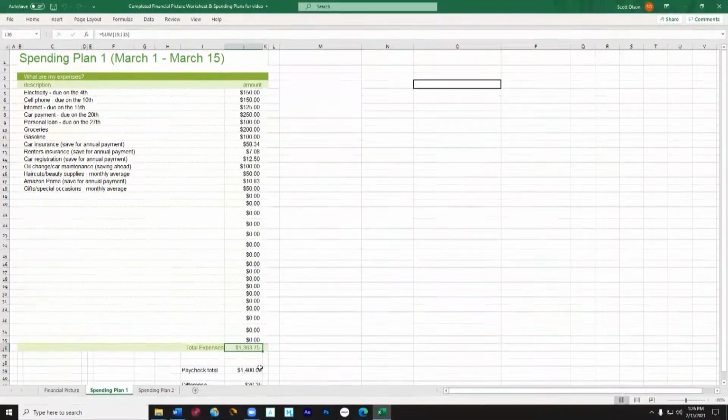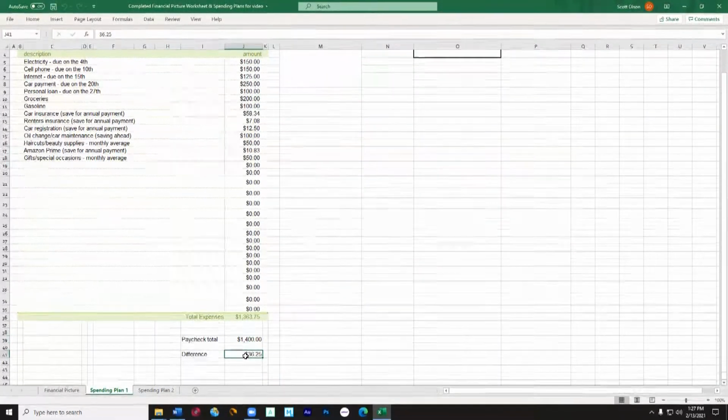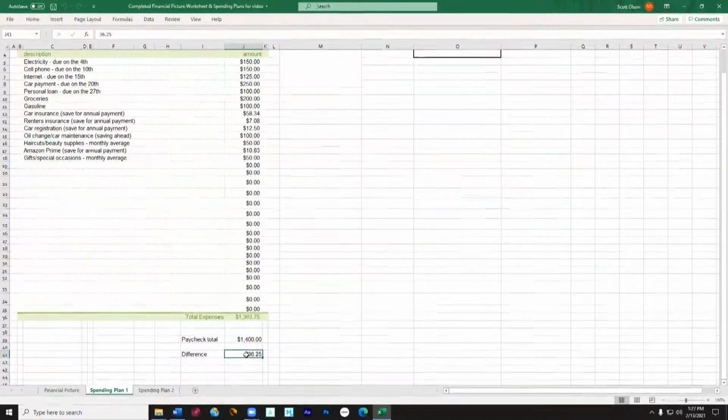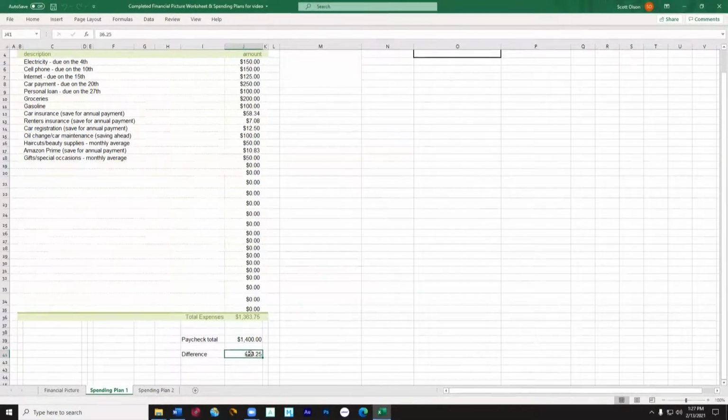But our total paycheck is $1,400. So that leaves us with $36.25. That's good because if you recall, we decided that we have $41.25 per month to put toward our debt payoff program. But this is only $36.25. So where's the other $5?